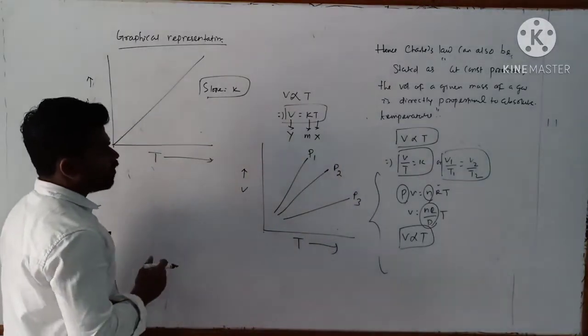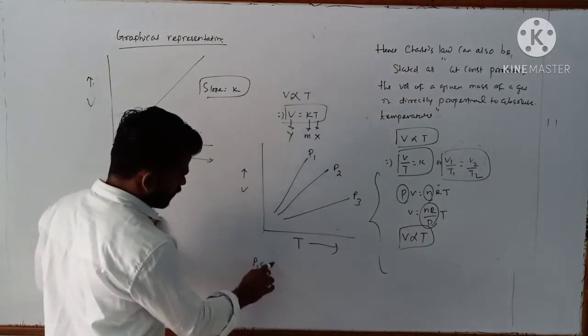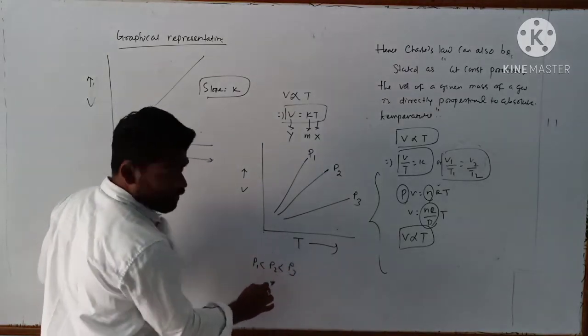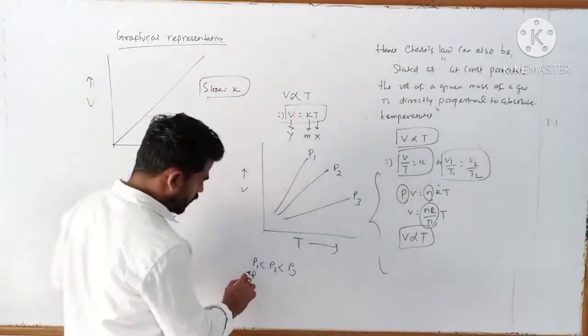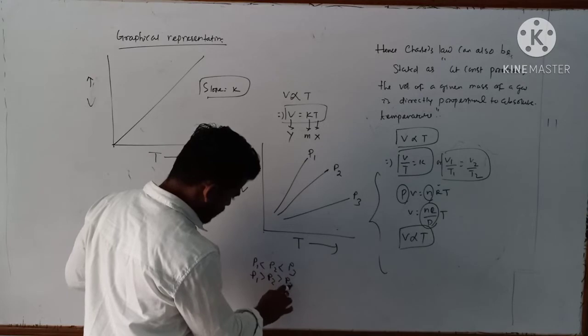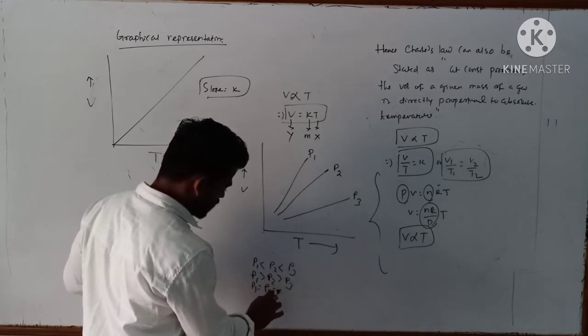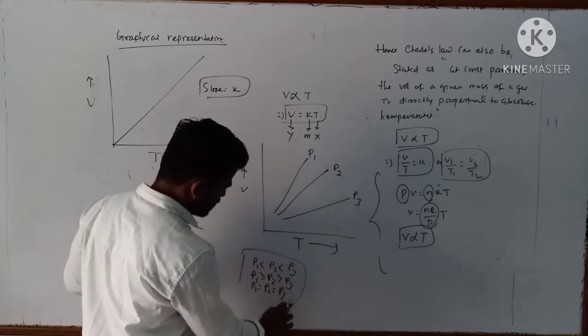So my question is, what is the order of P1, P2 and P3: whether P1 is less than P2 is less than P3, or P1 is greater than P2 is greater than P3, or P1 is equal to P2 is equal to P3.